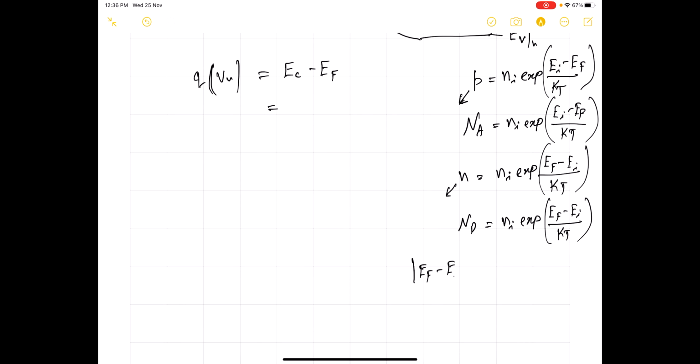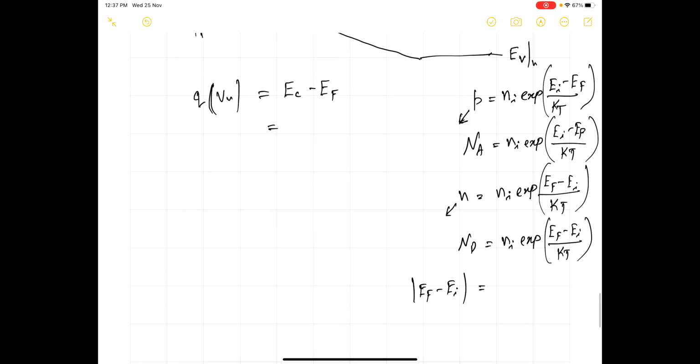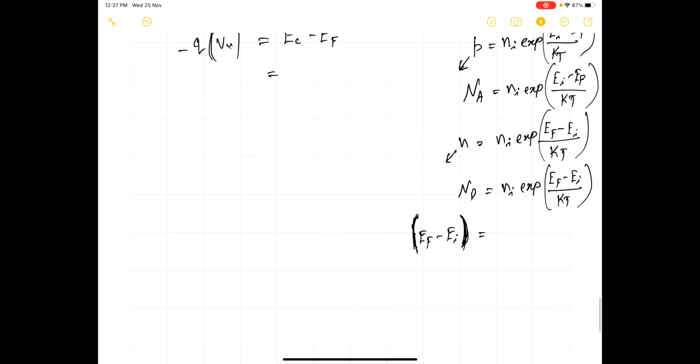Ef minus Ei. Right now we are very particular about the signs of the charge carriers, because here we have considered n type, so the charge is minus q. So it's better not to mix it, so use the absolute sign.